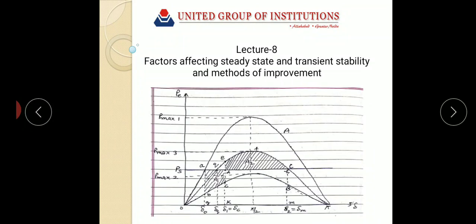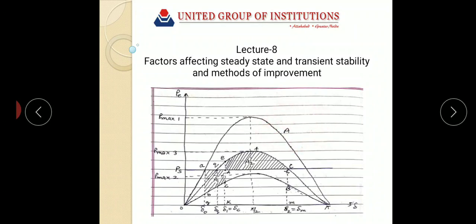This is the PE versus delta. These three curves, curve A, curve B and curve C. As you saw in the last lectures, this is the condition when both lines are in operation.